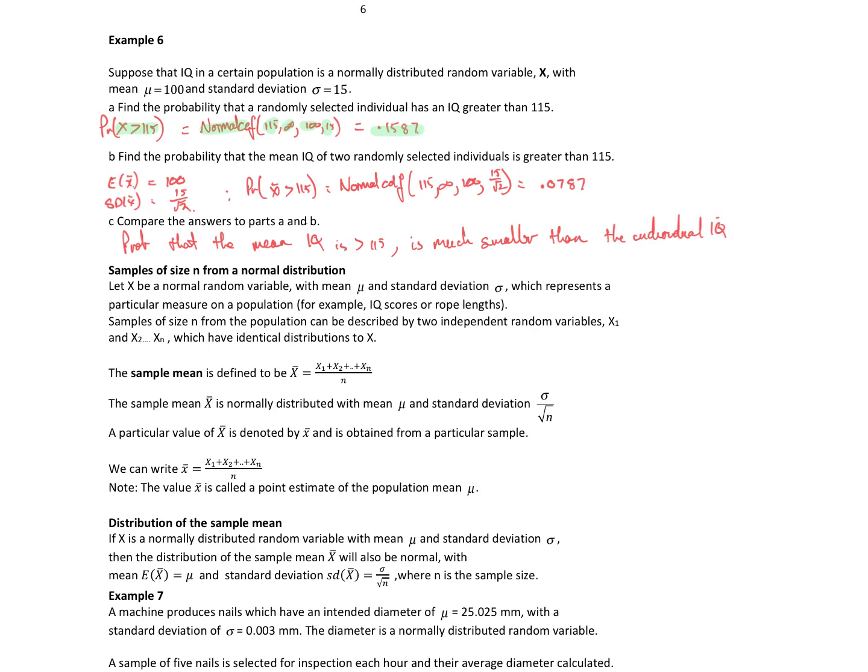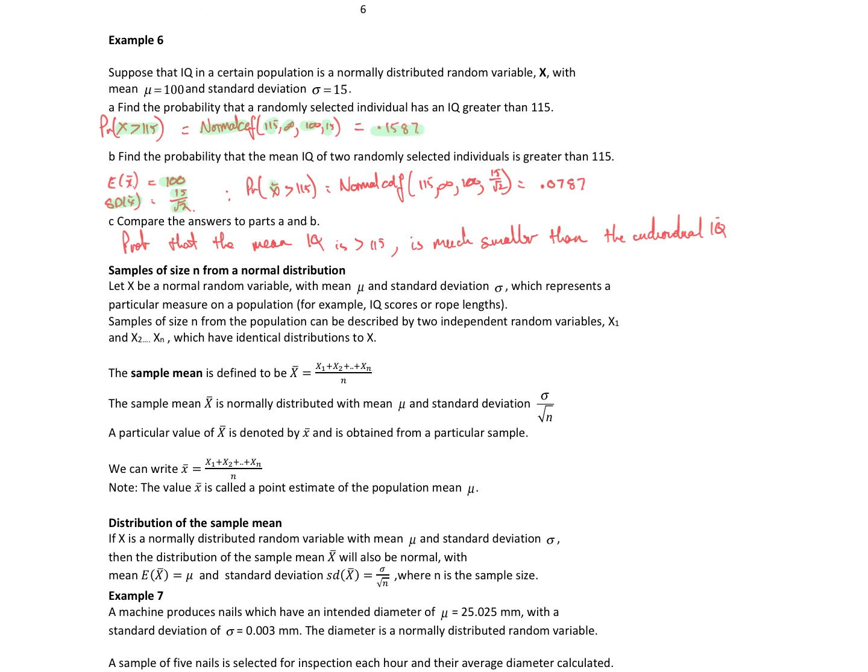Okay, so if I randomly select 2 students, the expected value is 100, and I know previously the standard deviation is 15 on root n. N is 2 in this case, the sample size. So the standard deviation in this case is 15 on root 2.